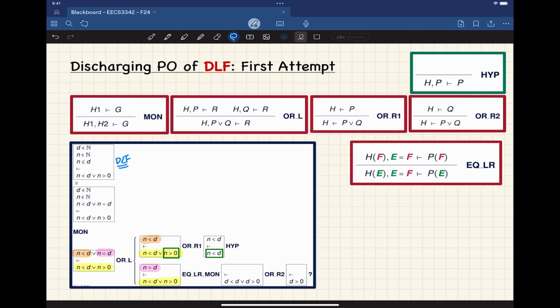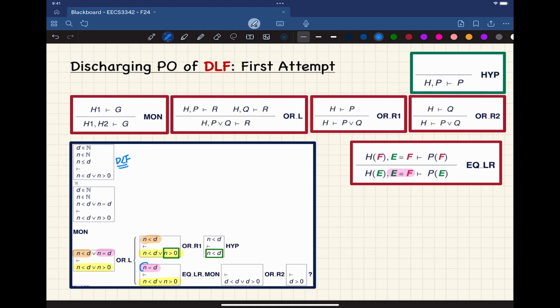If I try to apply EQLR on this one here, you can see N equals D corresponds to E equals F. You've got to identify which one is the left and which one is the right.